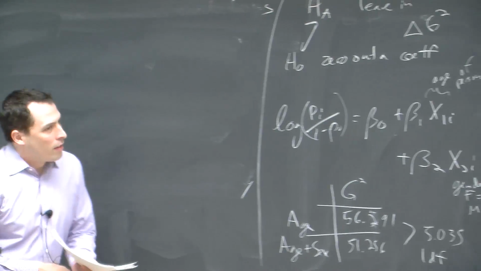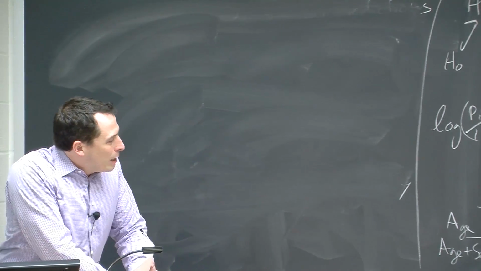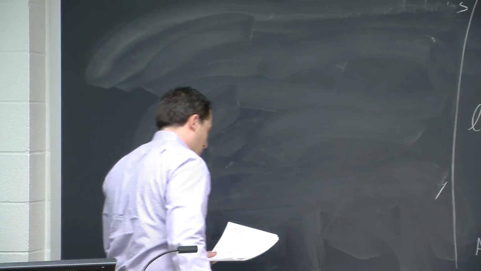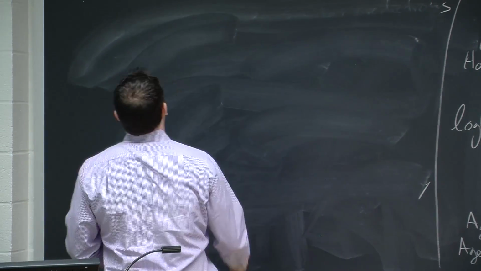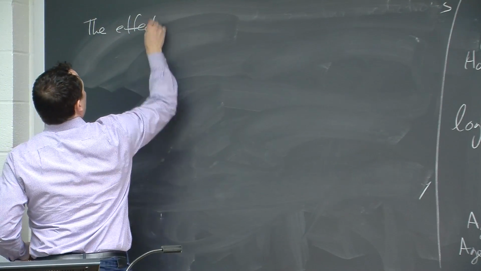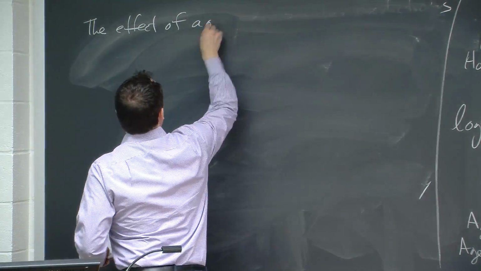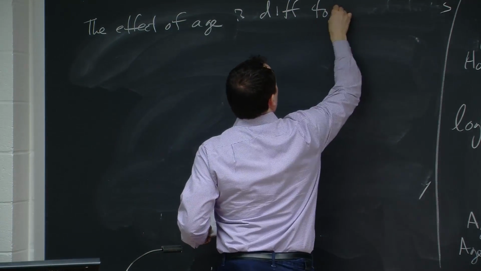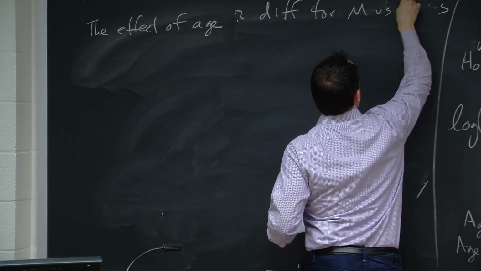So what does this interaction term mean? Because of all the exponentiating going on here, that addition becomes multiplication. So what the interaction term says is that the effect of age is different for men and women.